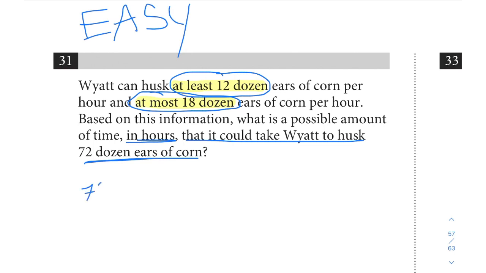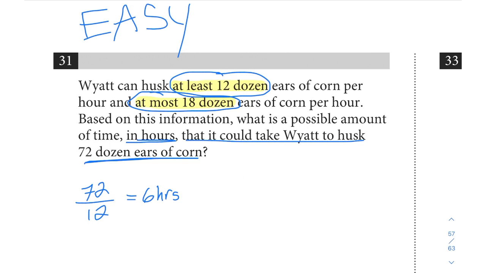So let's start with 72 dozen total divided by 12 per hour. That'll give us a total of 6 hours that it would take at 12 dozen ears of corn per hour, so at the low end of his husking speed here.